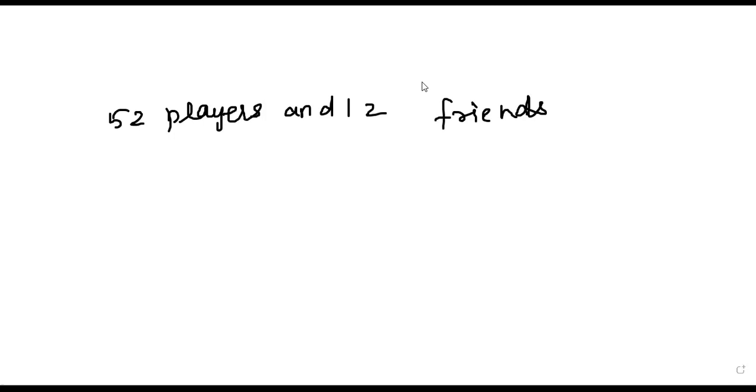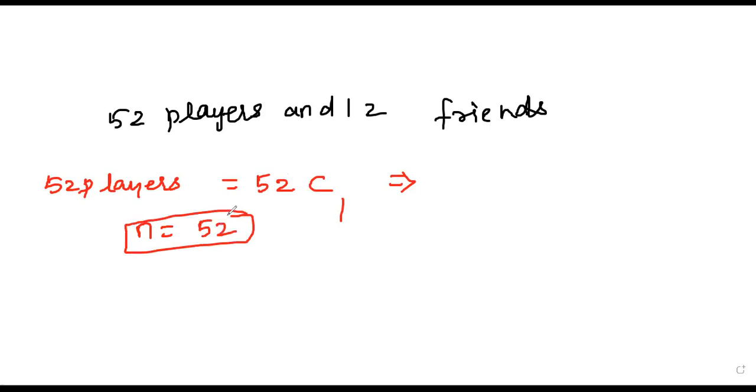So we have 12 out of the 52. Okay, let's put it this way. You can find it separately. The 52 players can be written as 52C1. 52 is going to be the total number of players, and they are going to play with one single player.